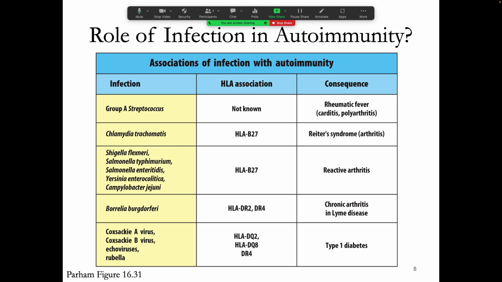So what may have happened is that a patient had an infection that led to one of these peripheral tolerance breaks, and also, during the time of that infection, the patient had the wrong T cell interact with the wrong self-antigen and get activated. And so in almost all of the cases that I'm going to tell you here, we might imagine ways that infections could be those initiating events.